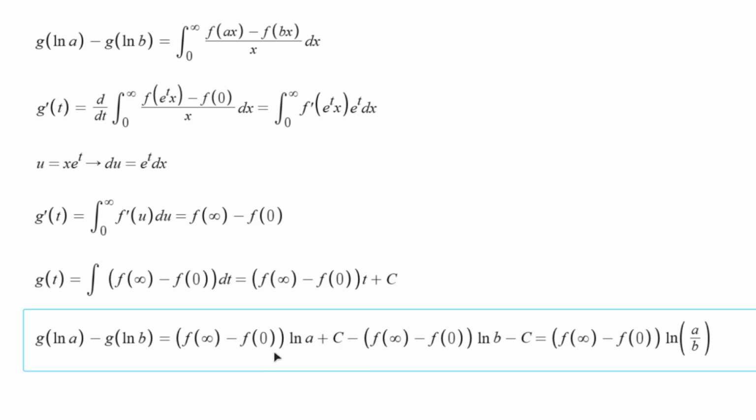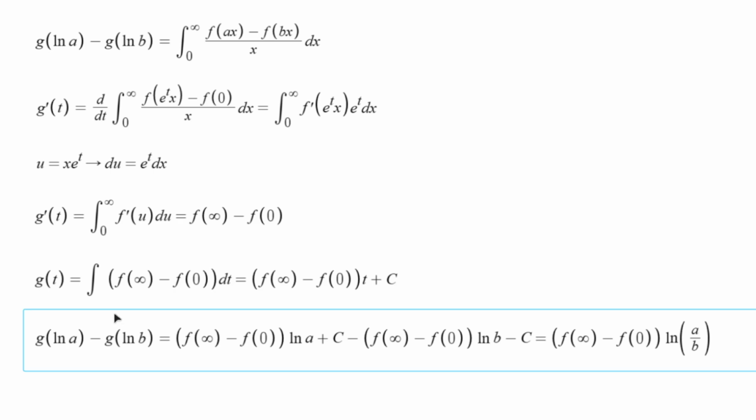And of course, you'll notice that these constants of integration will cancel out. All we're going to be left with is f of infinity minus f of 0 times natural log a minus f of infinity minus f of 0 times natural log b. And using the properties of logarithms, that is just going to give us f at infinity minus f of 0 times natural log a over b, and we are done.